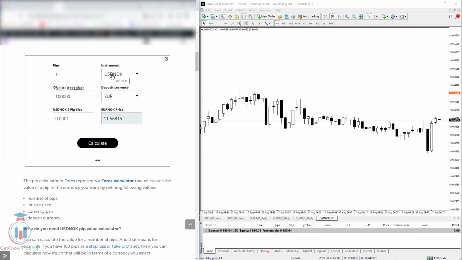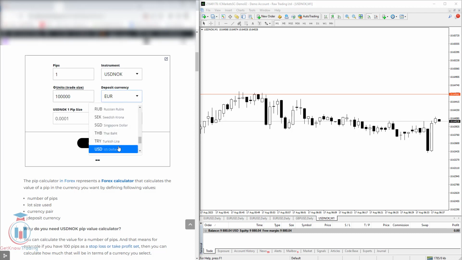The problem is that if you have a deposit currency which is not one of these two inside this currency symbol, you need to make the calculation with an additional currency price, in this case euro against Norwegian krone, to make the calculation of a pip. In my case it is US dollar, so I will leave this one here, and when you click calculate you get the value for a pip.